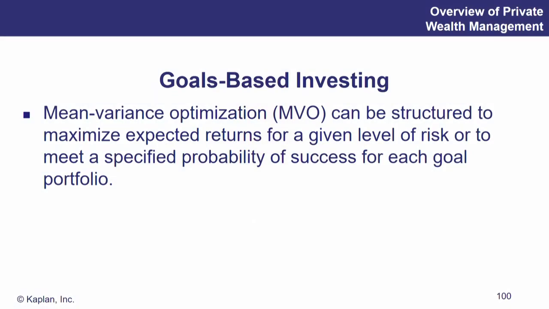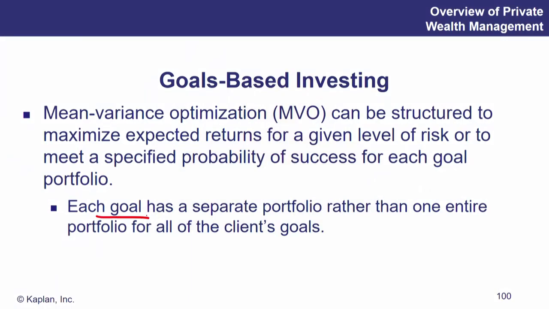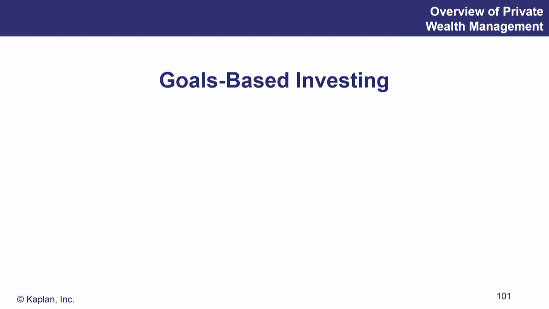So mean variance optimization, again, we can structure this to give us optimal expected return for a given level of risk. Again, we're still doing that. We're just not doing it from a global perspective. We're doing it from each of the individual goals that the client has. So each goal has a separate portfolio rather than one entire portfolio.